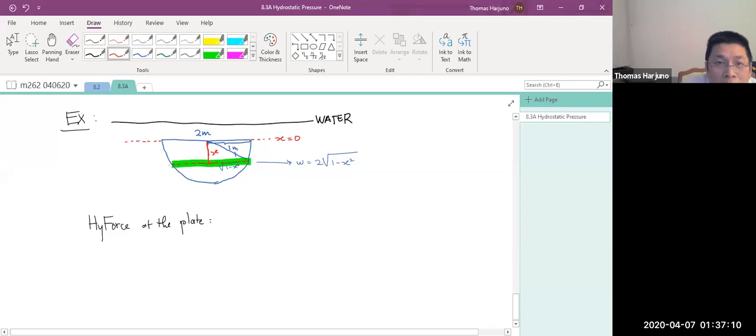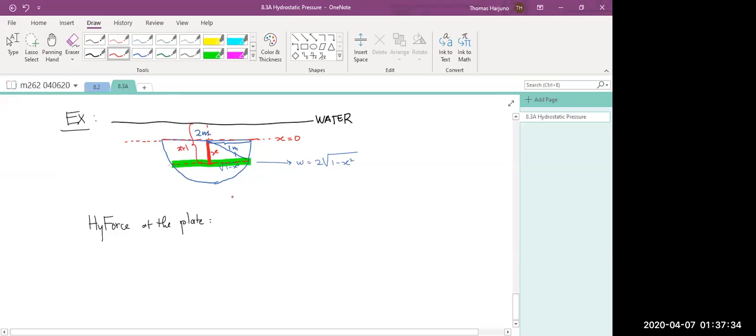This x here is not the depth. It's not how deep it is. This x is actually the distance from this diameter to here. You see this? Okay. But the depth is actually what? The depth is actually x plus 1.